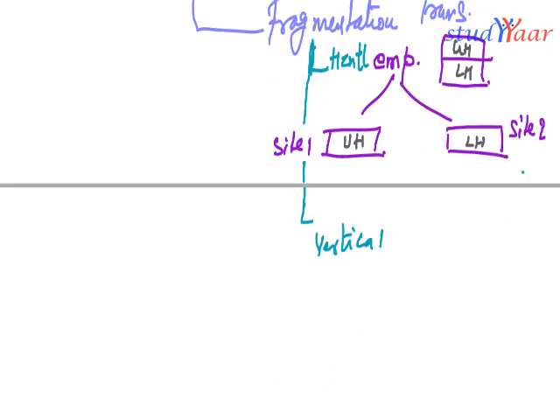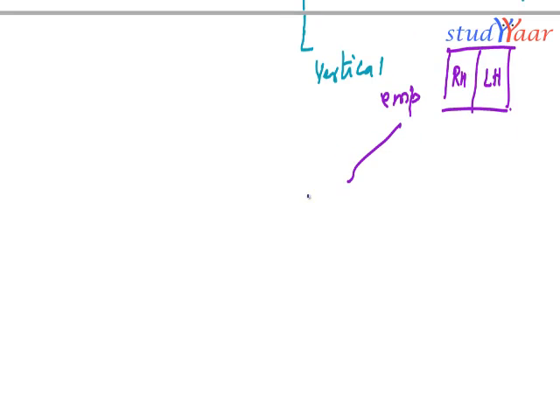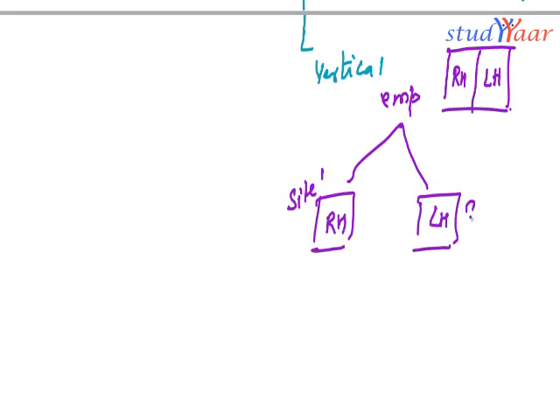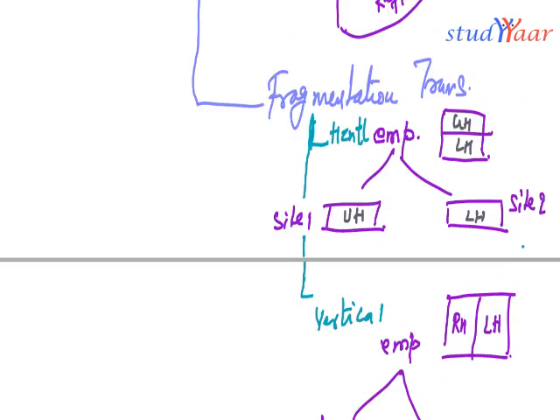In vertical fragmentation, you have an employee table, and let's suppose I call this a right half and this a left half. I can store the right half of the employee table at site 1, and I can store the left half of my employee table at site 2. So I am vertically fragmenting my employee relation.